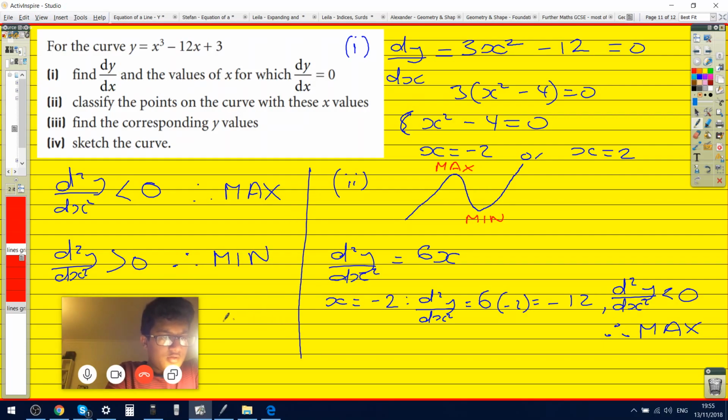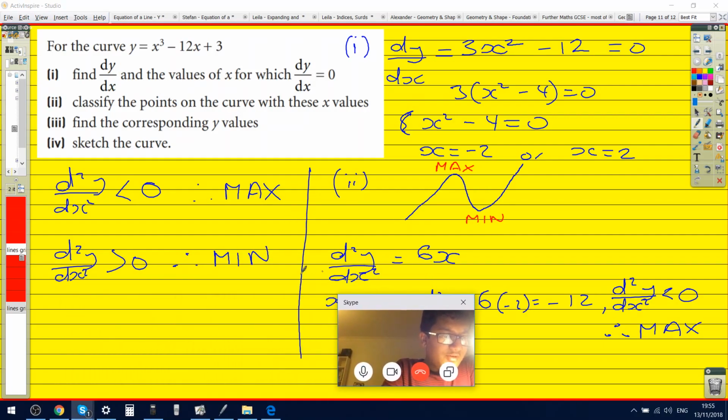Sorry, just let me copy that. So that is maximum, and the minimum. And I'll just write a little explanation. If d squared y by dx squared is less than 0, that means the rate of change is getting smaller each time.